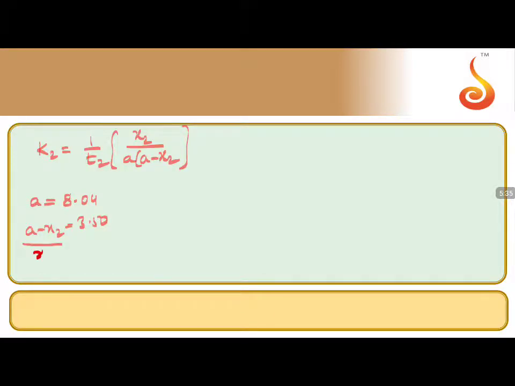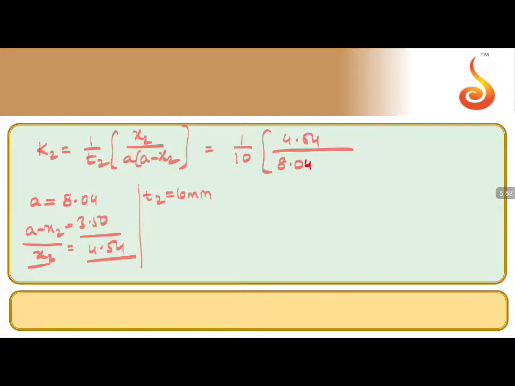So from these two, if you subtract, you will get x2 is 4.54. We got the x2 value, and we know t2 is equal to 10 minutes. Substituting this data, we get 1 by 10 into 4.54 by 8.04 into 3.5.